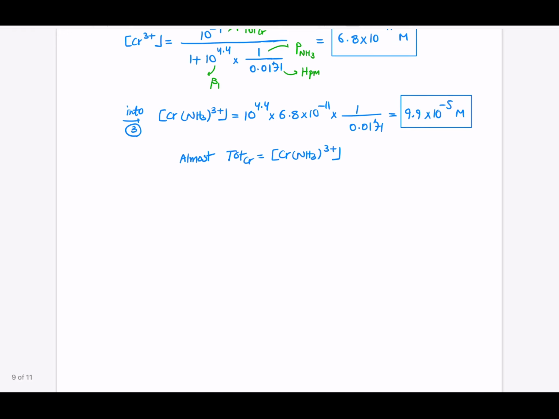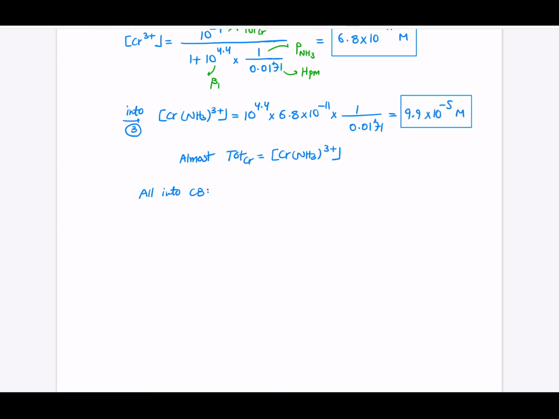So now we calculated this one. The next thing would be basically put everything into charge balance, because we want to calculate the concentration of H plus or calculate the pH. So all into charge balance.